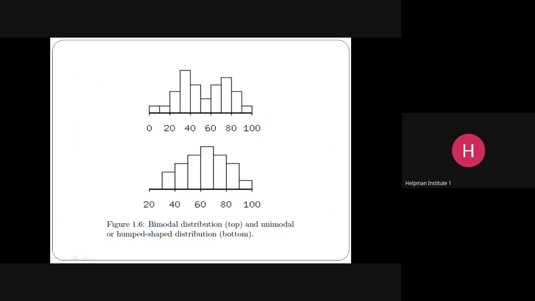This graph here, we have a peak here, and then we have another peak here, high occurrence. So we call them bimodal. Whereas this second observation has only one high peak of the histogram. So this is unimodal, which means it has one mode.